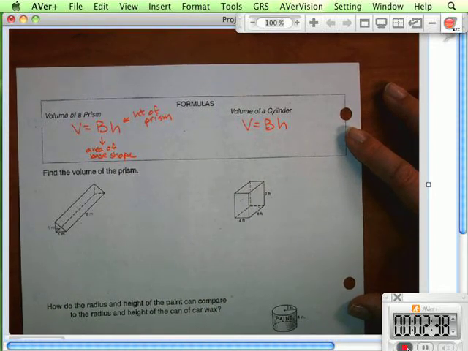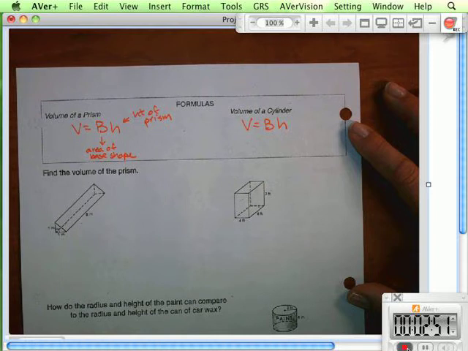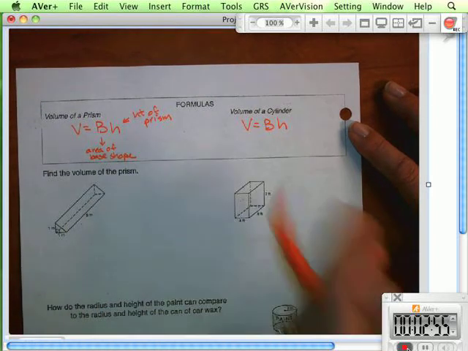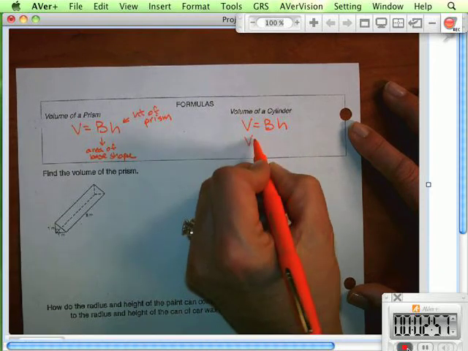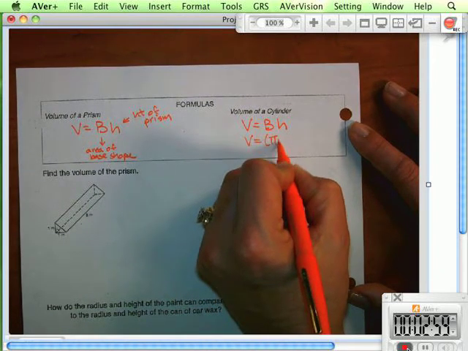But in the cylinder, the base area is always going to be what formula? I heard it. Who said it? Aiden? No, that was me. That was Justin. Justin, what is it? Yeah, because the base shape in a cylinder is always a circle. So you might want to just write it right this.